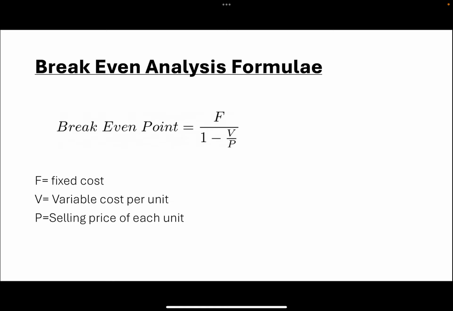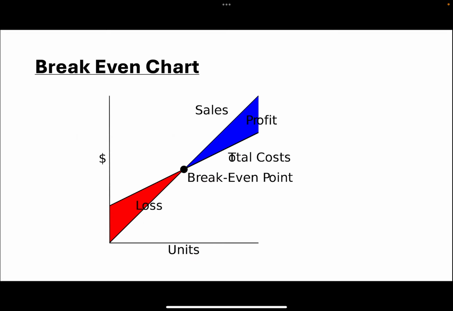So this is another formula, better we can use the formula: X equals F by P minus V. P is the selling price of each unit, V is the variable cost, just like we have seen earlier, and F is the fixed cost.